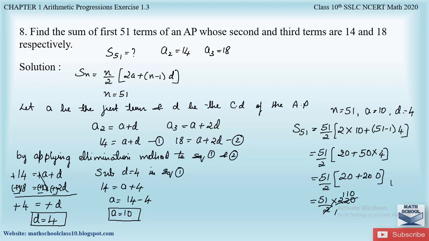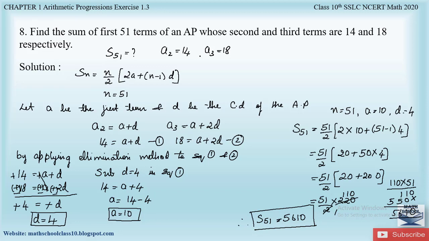So what is 110 into 51? We get the result 5610. Therefore, the sum of 51 terms is equal to 5610.